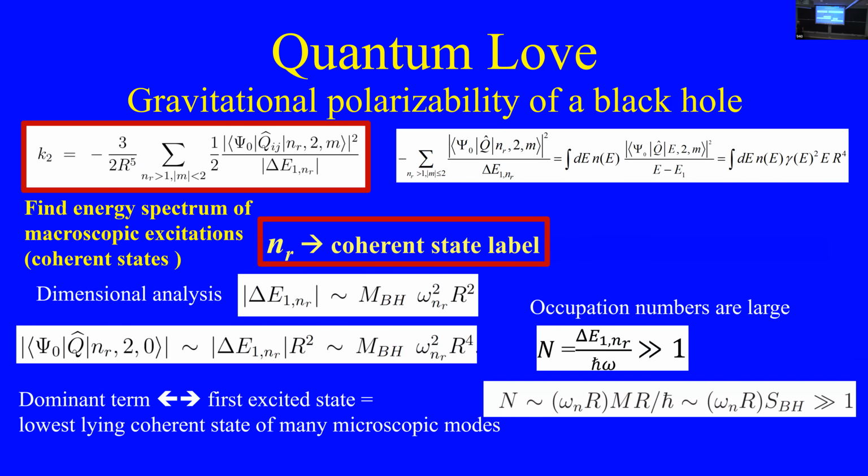So here is an estimate of the quantities involved. The quantum numbers are those of the coherent excitations, and I repeat the expressions that I had before, and I can now have an explicit expression in terms of these functions n of e, gamma of e, and the quadrupolar lambda.